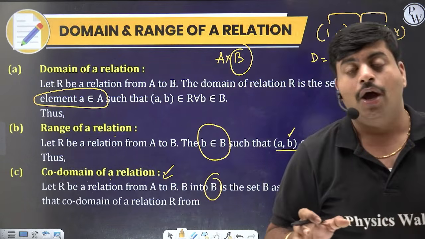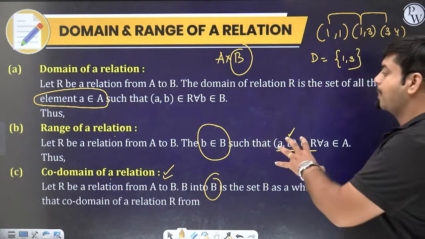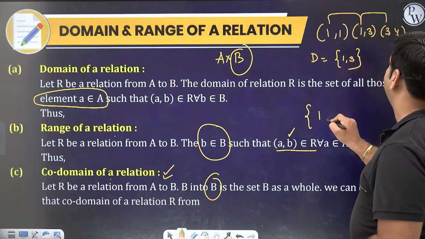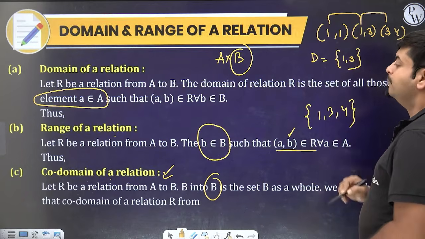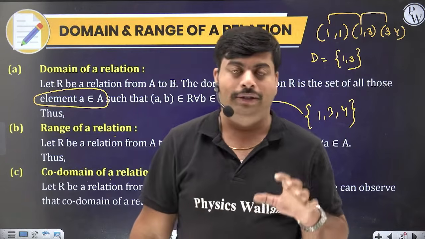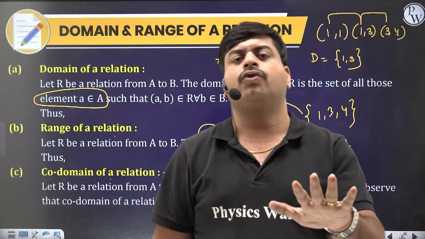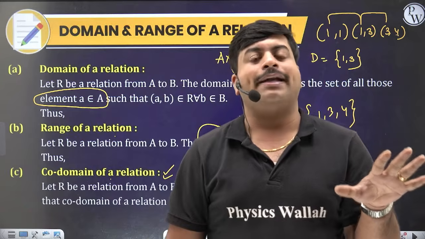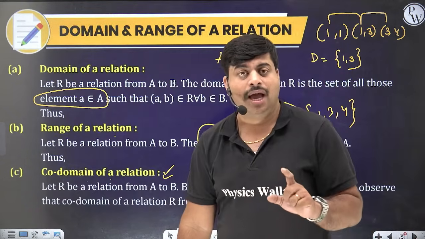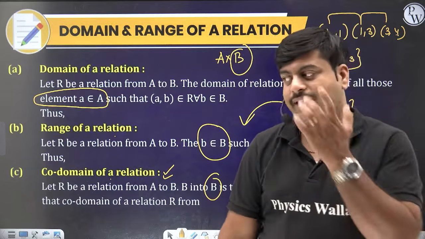But when you go to the relation and list only the second elements, that comes under range. So range and codomain are not the same. They may be equal in a few cases, they may not be equal, but those are two different things. You need to understand that.